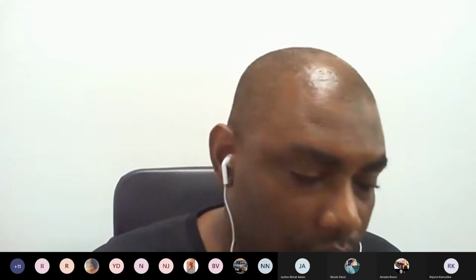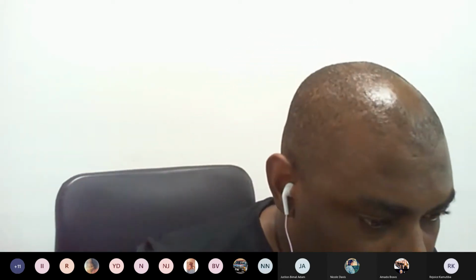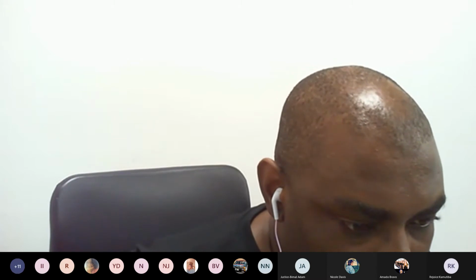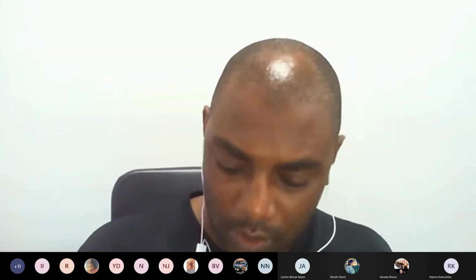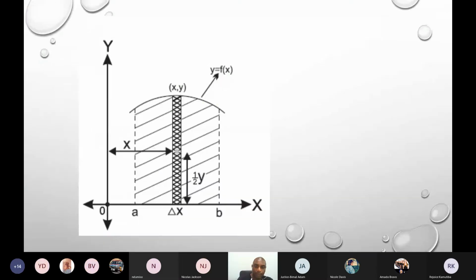Okay, there it is here. So now this is the same graph. The formula is the same. Area moment is equal to r dA, but now we're dealing with area moment about the x-axis.